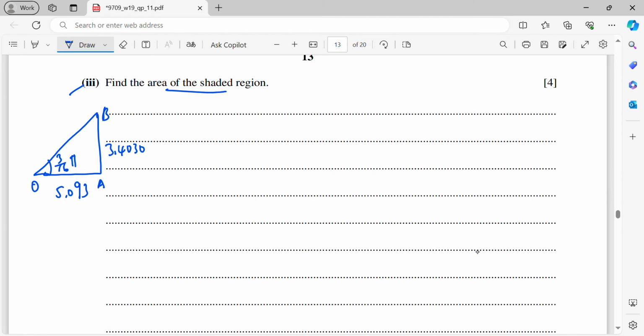3.4030. So now I will just write area of triangle OAB, that is half of OA times OB, because this is a right angle triangle. So 5.093 times 3.4030. Then this is going to be 8.6657.